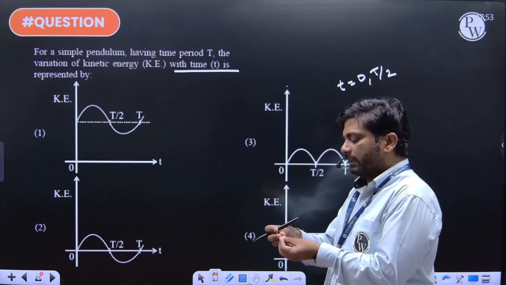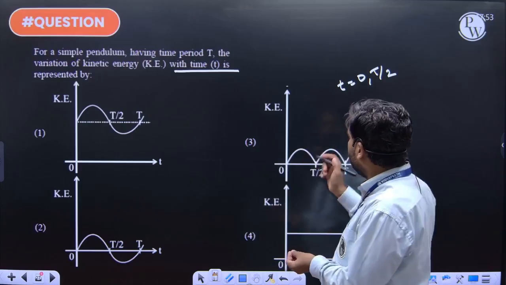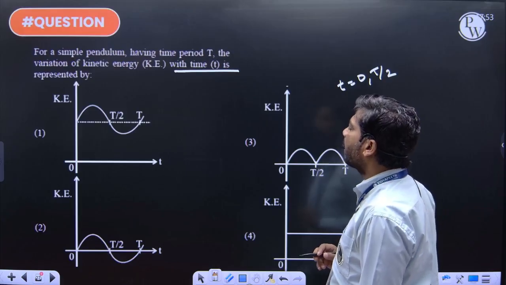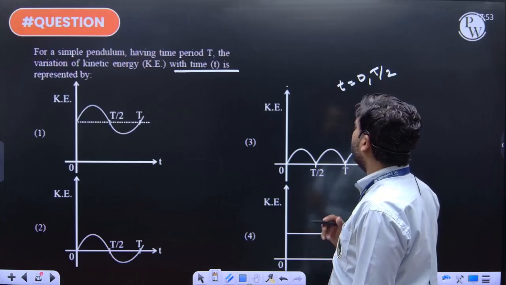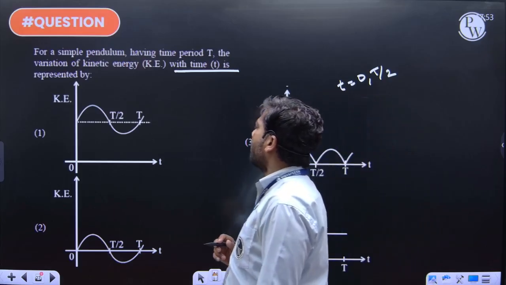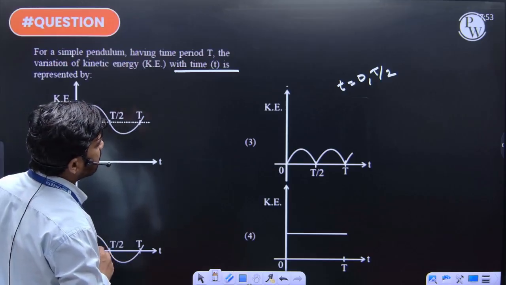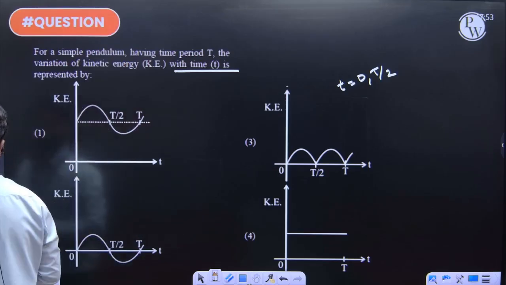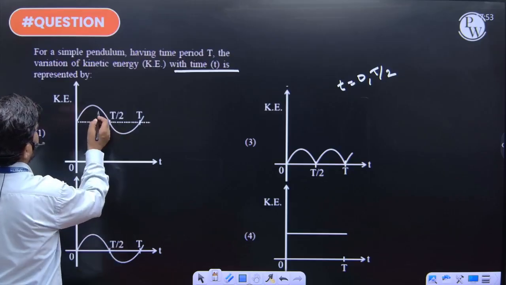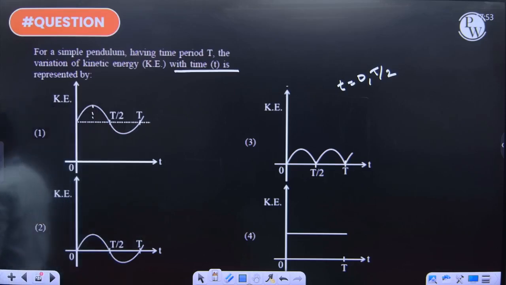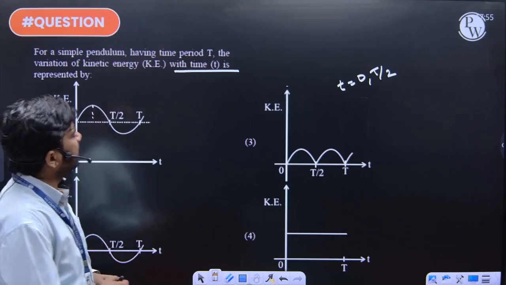So ultimately what is happening? At 0, T by 2 and T, the particle is at mean position. Wait. Okay.